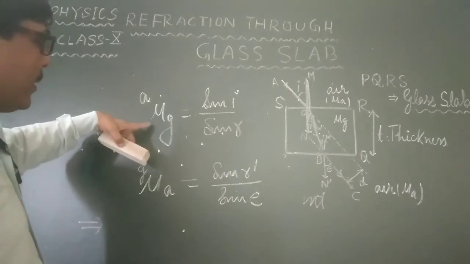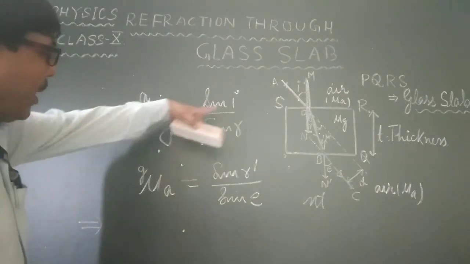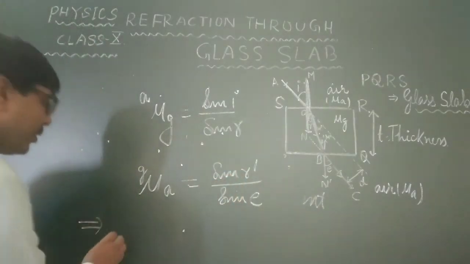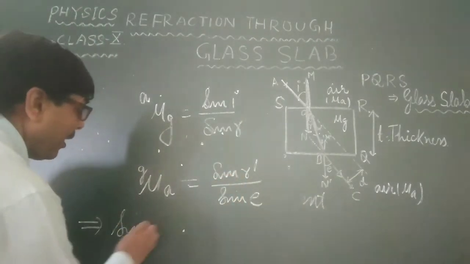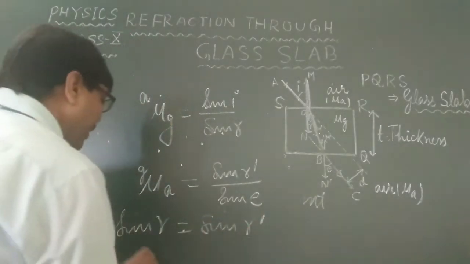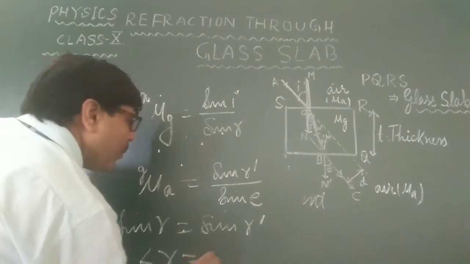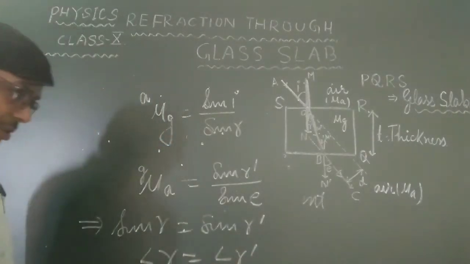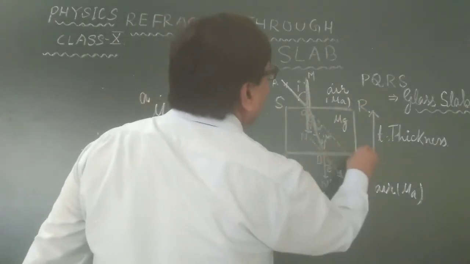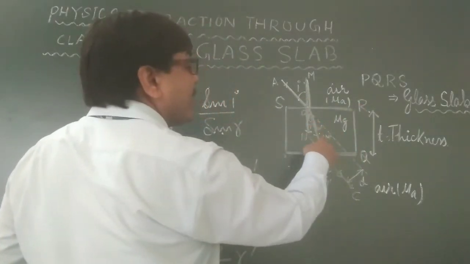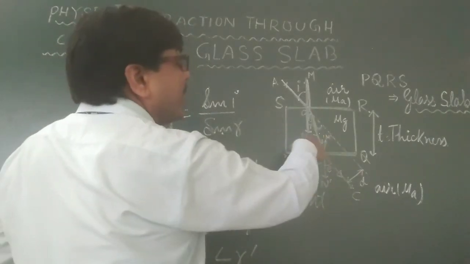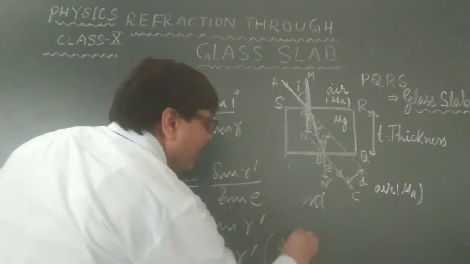Angle i and angle r. Here angle r is equal to angle r dash, an alternate angle. There are two parallel lines, and this is the angle of refraction. This is again the angle of incidence, which is equal to the alternate angle.